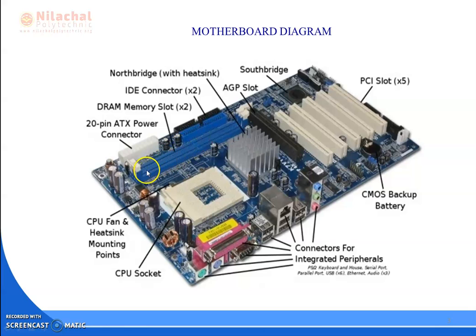We call it the RAM memory slot or DRAM memory slot. Here is the IDE connector. Here is the power connector. We call it the ATX power connector. It is about 20 pin, or it is also found in 24 pins.